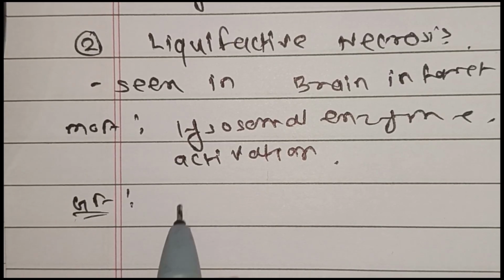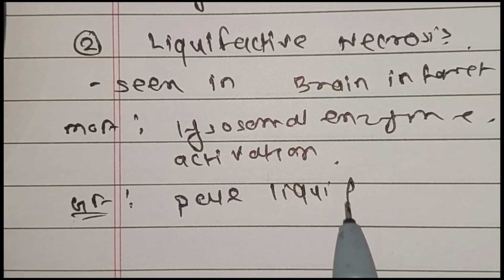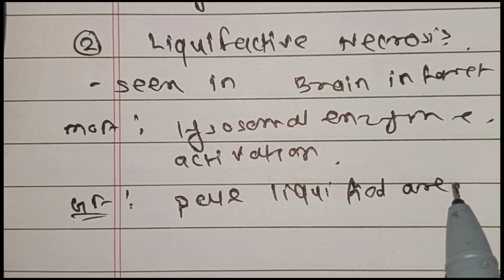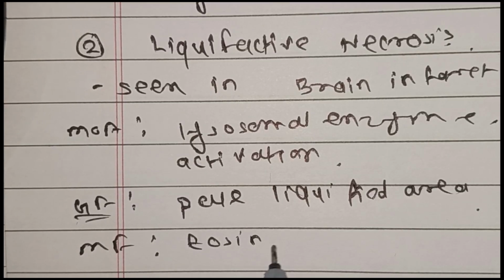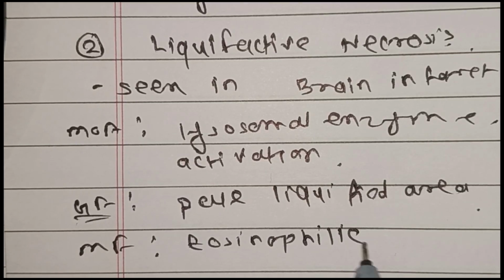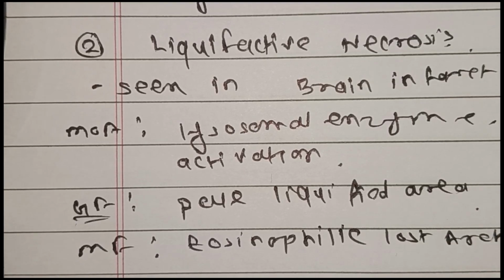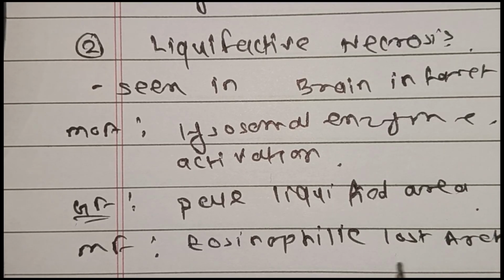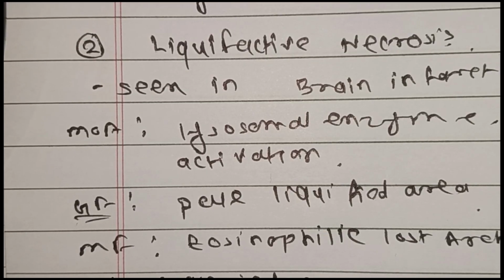Gross features are a pale liquefied area, whereas the microscopic features are eosinophilic with lost architecture. An example of liquefactive necrosis is brain infarct.